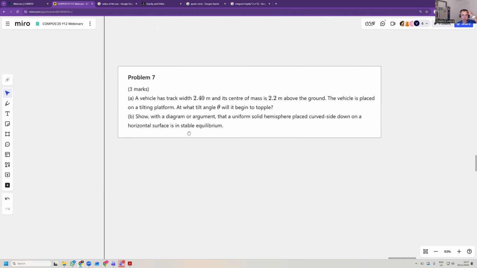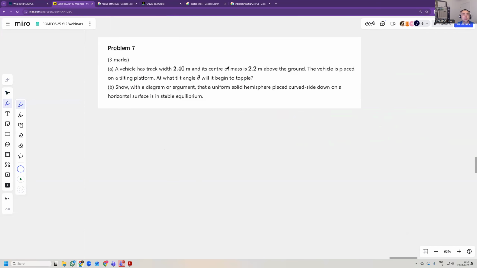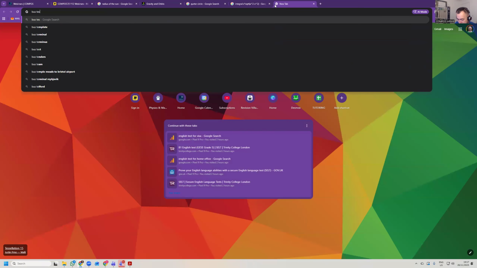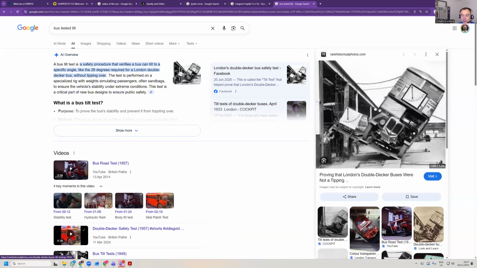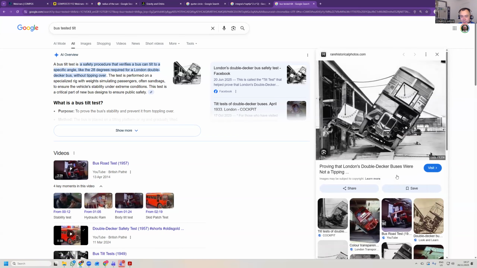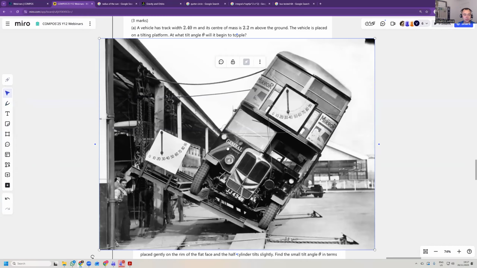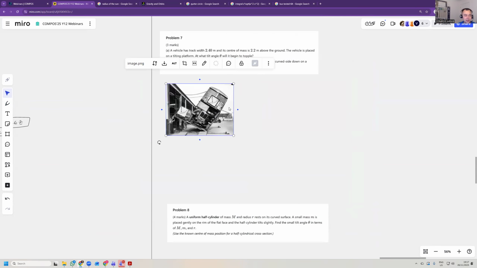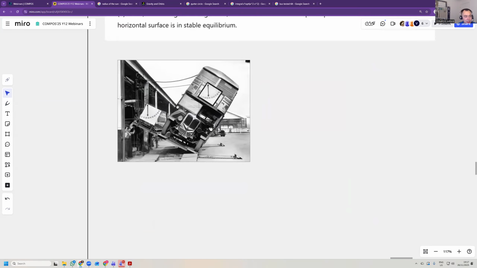A vehicle has a track of 2.4 meters and its center of mass is 2.2 meters above the ground. So let's draw a bus tested for tilt. That's an amazing picture. This is how buses are tested so that they don't fall over.